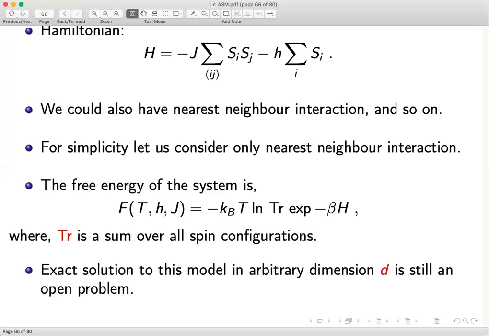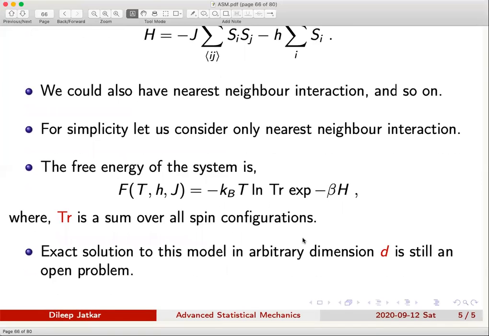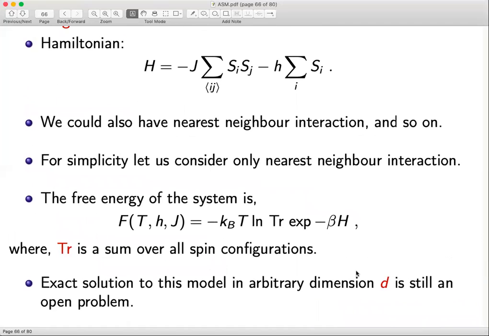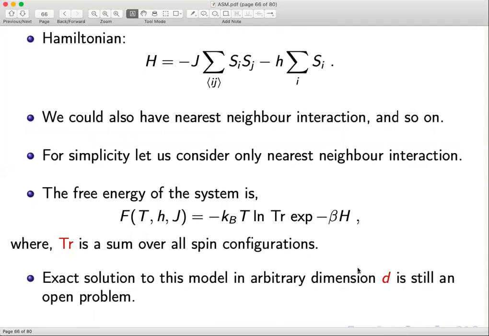Okay, fine. Now, if you want to solve this model exactly, then an exact solution to this model in arbitrary dimension, say d is any arbitrary integer, is still an open problem. This model hasn't been solved. This is probably one of the simplest models that you can think of, where at every lattice site you have a spin degree of freedom which can take the value +1 or -1. The only thing simpler that you could have is an object which can take only one value.